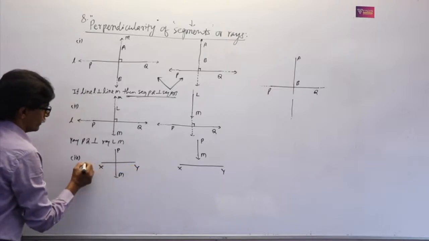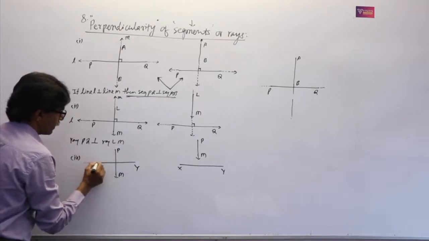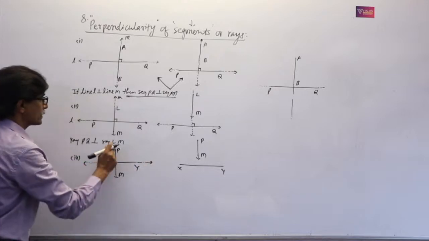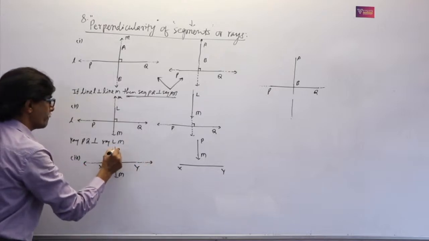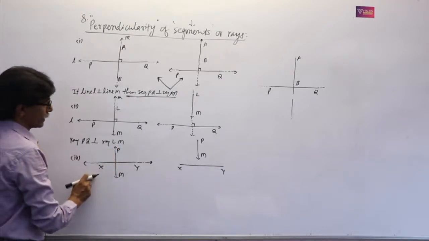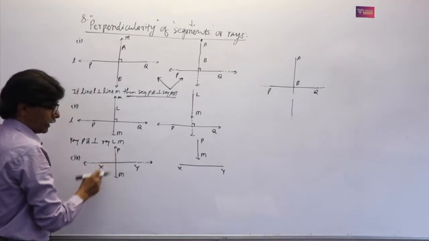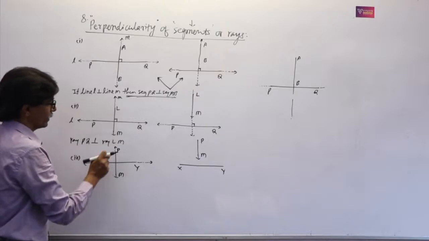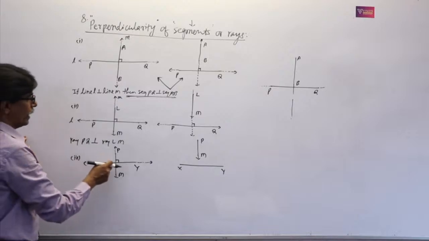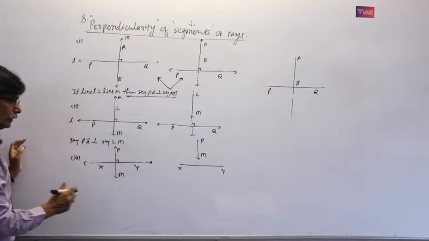Now there is a line containing segment XY, and there is a line containing ray PM. The condition says that if the lines containing the segment and the ray are perpendicular to each other, then that ray and that segment are perpendicular to each other.